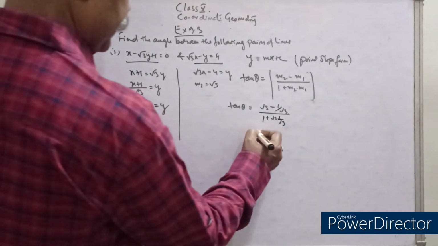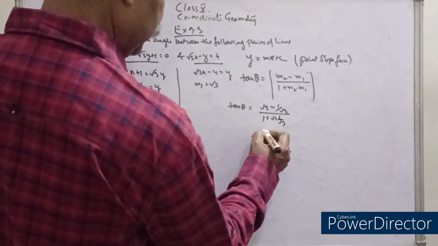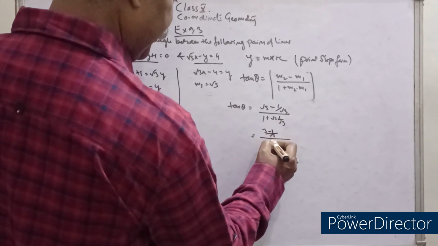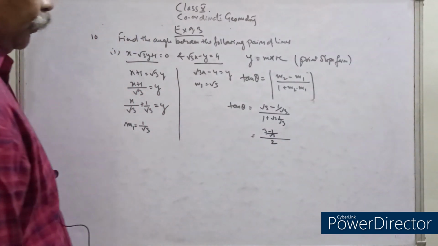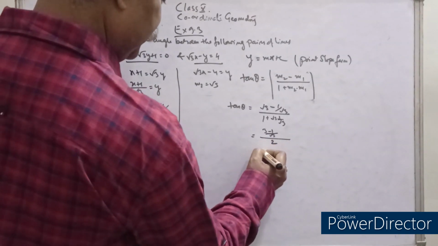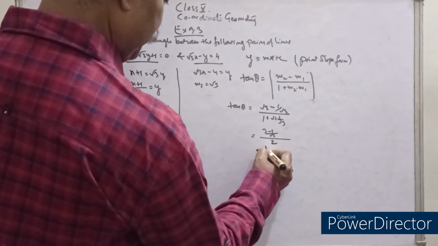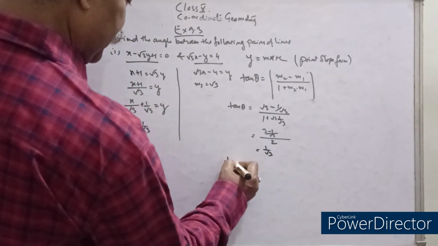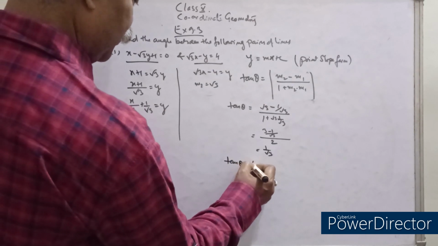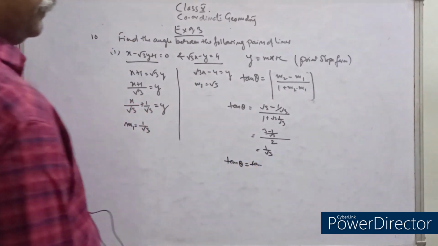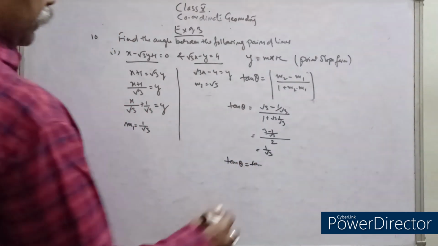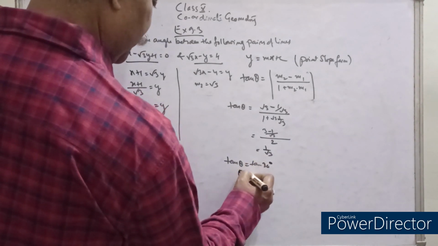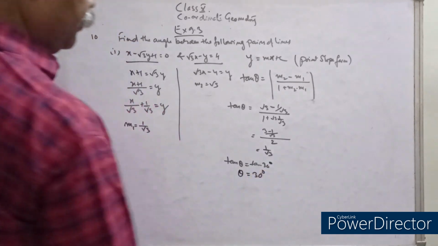So the result comes out to be, root 3 minus 1 by root 3 gives 2 by root 3, and the denominator is 2, so this is equal to 1 by root 3. So tan theta is equal to 1 by root 3, that is tan 30 degree. So theta is equal to 30 degree. This is your 30 degree.